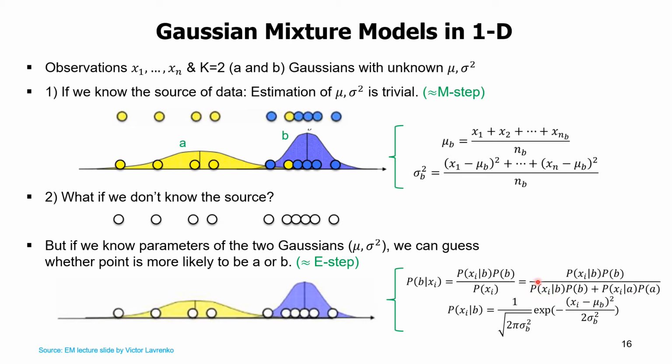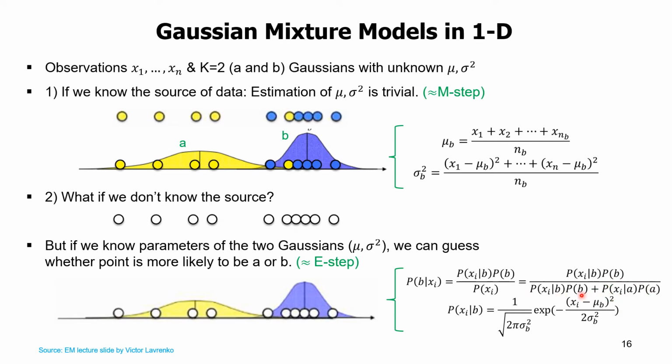This is the case where Xi is selected from B, and this is the case where Xi is selected from A. There are two cases. X can be selected from A or B.